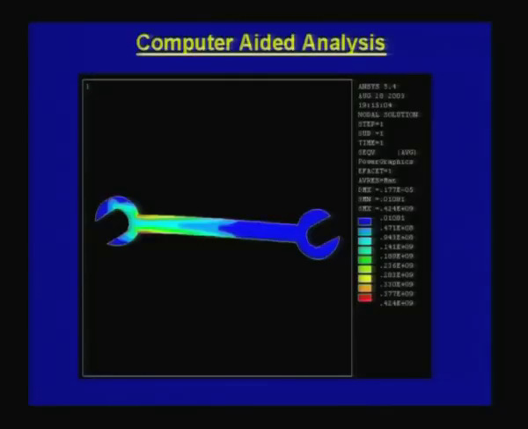Here is a simple example of the use of computers in analysis. What is shown here is the result of a finite element analysis carried out on a simple mechanical element, and the different colors indicate various stress levels.